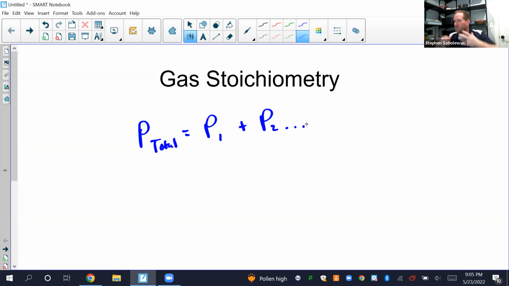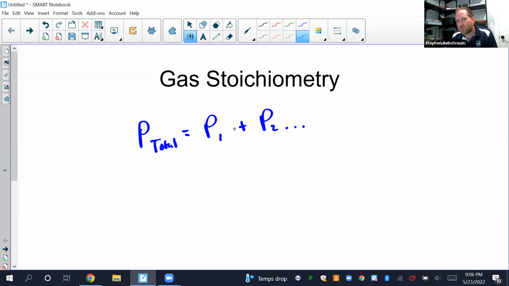Every gas around you, I mean, air right now is about 78% nitrogen. The nitrogen is exerting a partial pressure of about 0.78 atm on you. The oxygen gas, which is 21%, is exerting a partial pressure of about 0.21 atm on you. The idea is every gas within a mixture of gases exerts a partial pressure.